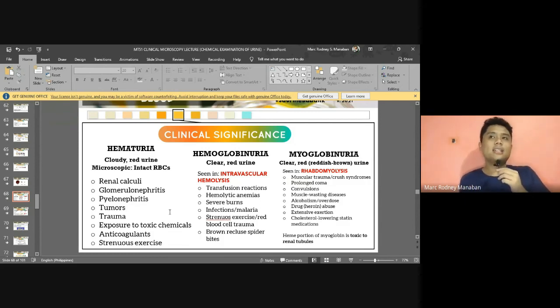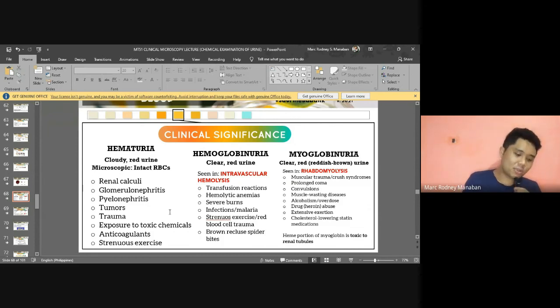It's not necessarily that hematuria is red right away. Generally, marked or gross hematuria is cloudy red, but there are some cases of microscopic hematuria, meaning the urine contains RBCs, but the level of RBCs is not yet at the level where it can be seen macroscopically, like gross hematuria.